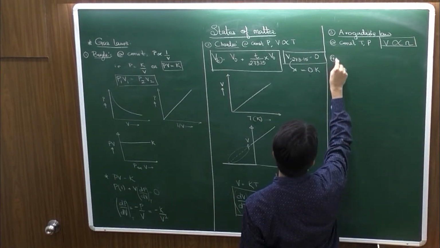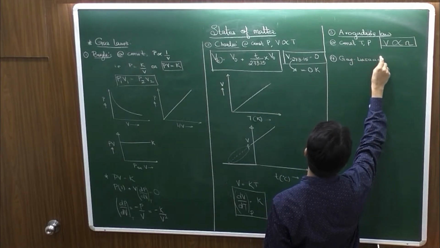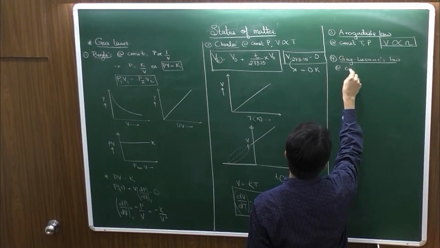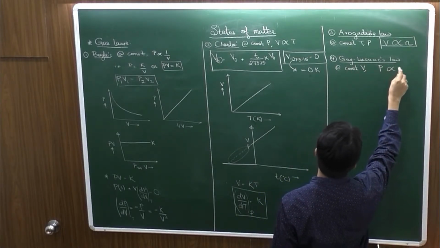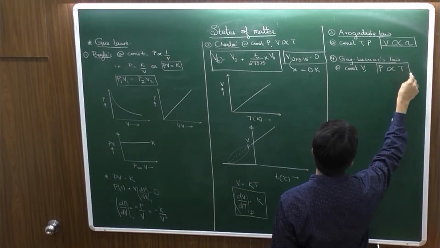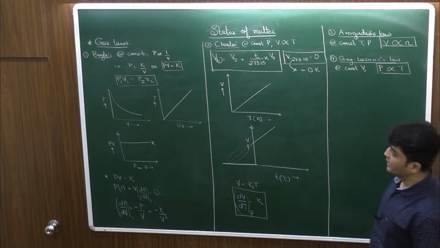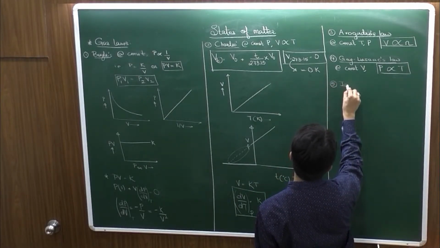Then there is Gay-Lussac's law, not of combining volumes but with reference to gases. Under the similar condition of volume, meaning at a constant volume, pressure is directly proportional to temperature. That is Gay-Lussac's law. Then when we combine all the gas laws, we get an ideal gas equation.